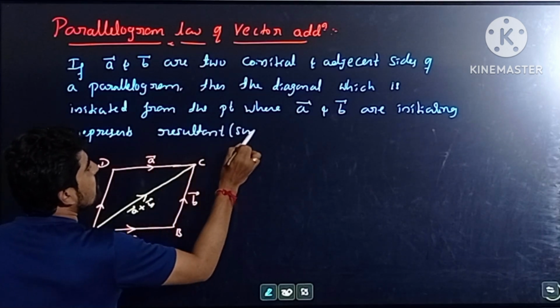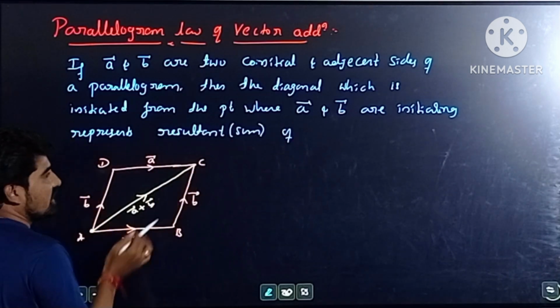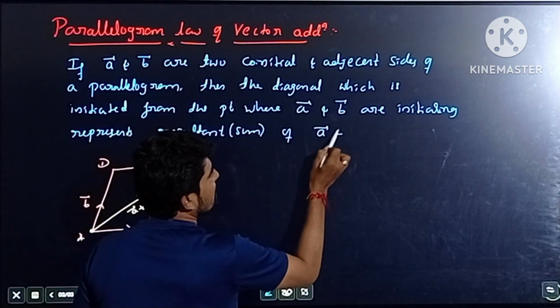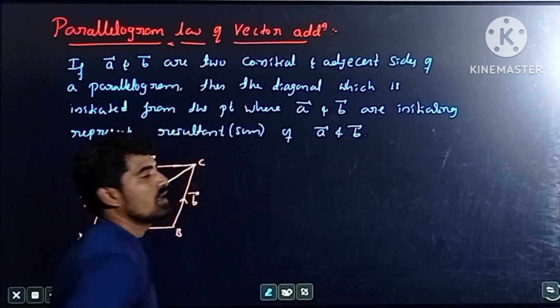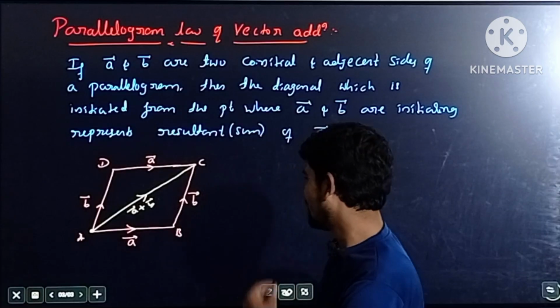The resultant, in the sense of the sum of the A vector and B vector. I hope all of you understood this parallelogram law of vector addition.